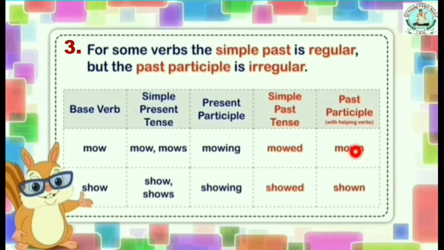With helping verb, at that time it is an irregular verb. Move, move, moves, moving, moved, moved. Show, show, shows, showing, showed, shown. Have shown, has shown. So next, last rule.